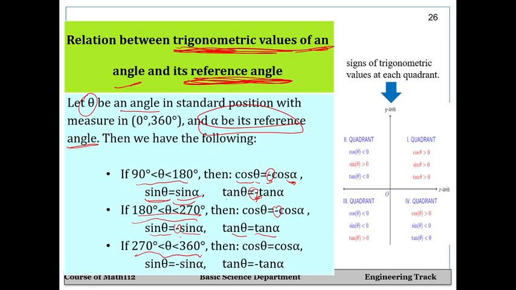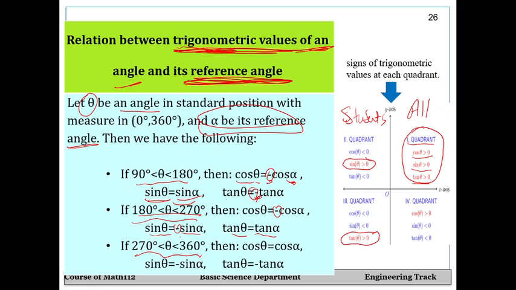If we look at these quadrants here, it will be easy for us. In the first quadrant, cosine, sine, and tangent are all positive, so you say all positive. And here only sine is positive, so all, sine, students.